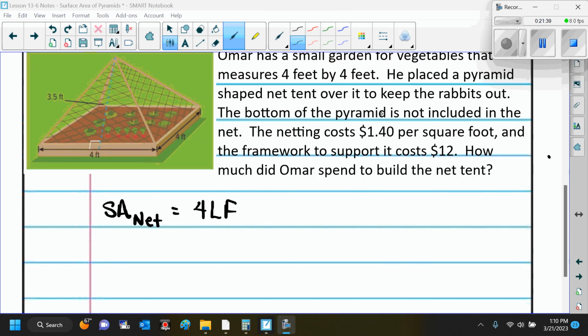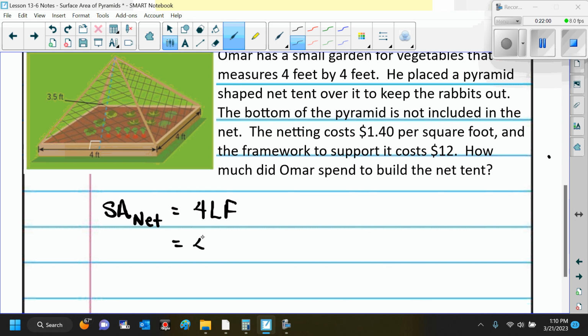So remember, it says that the bottom of the pyramid is not included, so we only want to find the surface area of the 4 lateral faces. And because this is a square, we can just find one of them and multiply times 4.